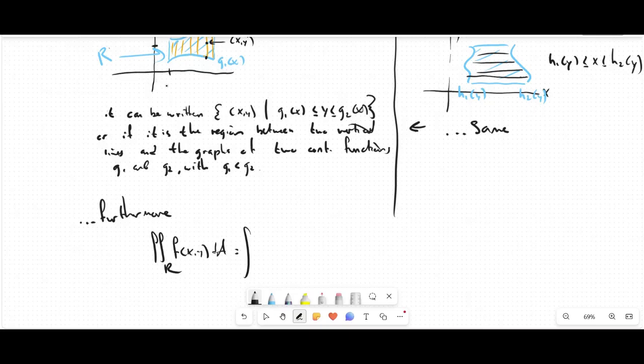So I need a lower bound, let's say A, and an upper bound B. X goes from A to B. Y goes from G1 of X to G2 of X.